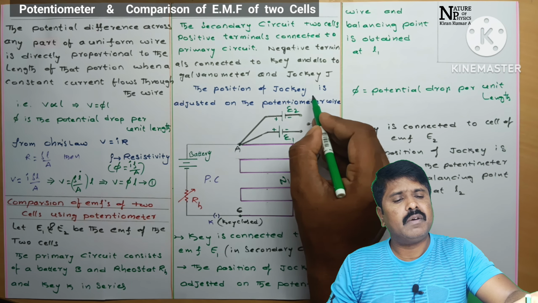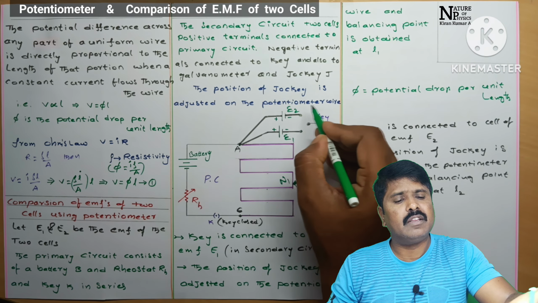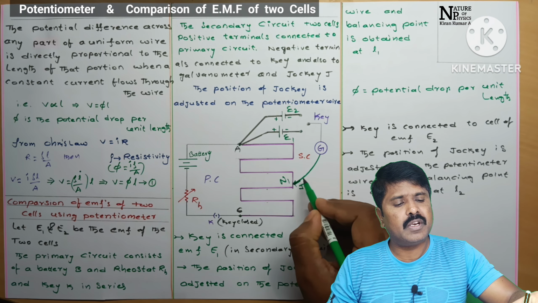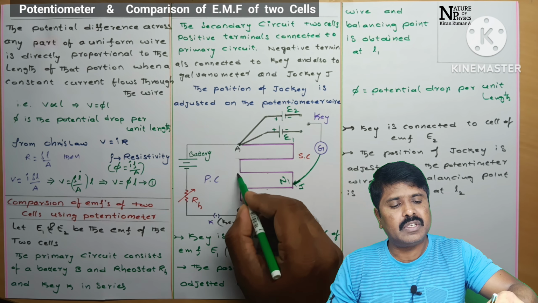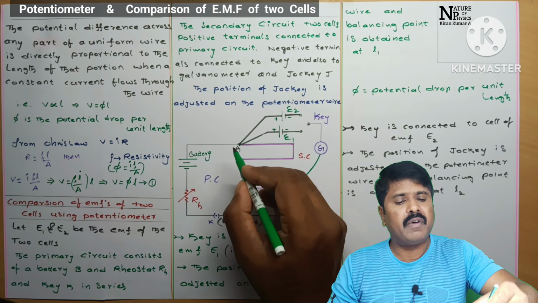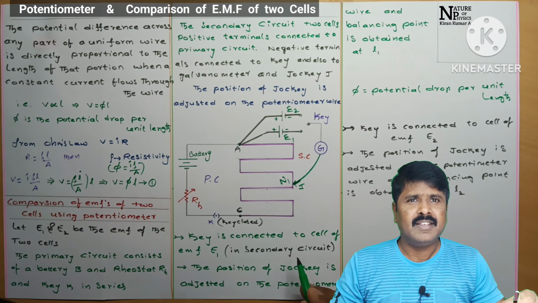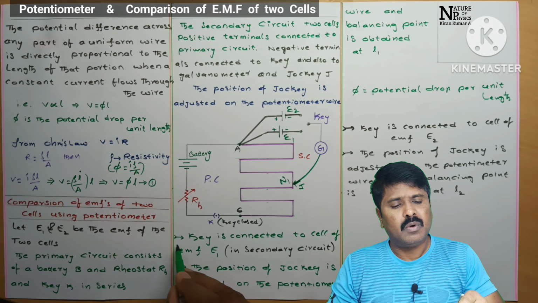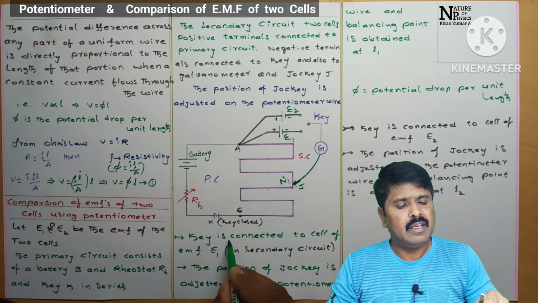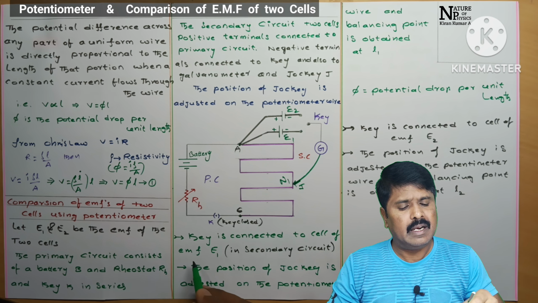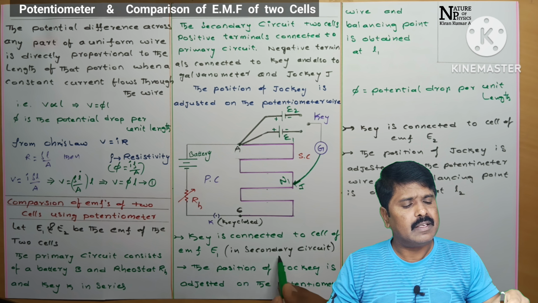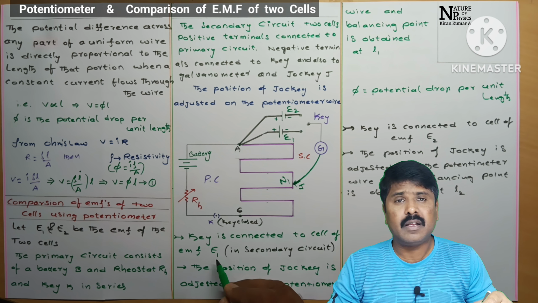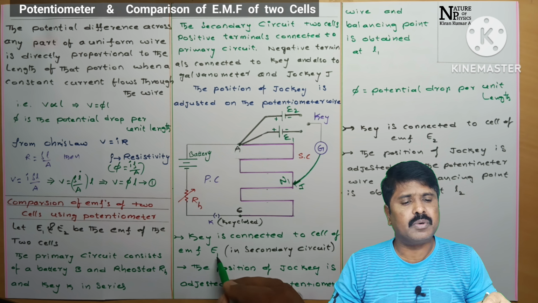So the position of the jockey is adjusted on the potentiometer wire from A to C. Clearly written, students. Continuing, now the conditions: the key is connected to a cell of EMF E in the secondary circuit. We can take capital E or small e, students.